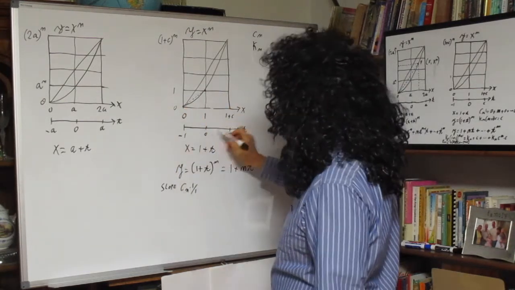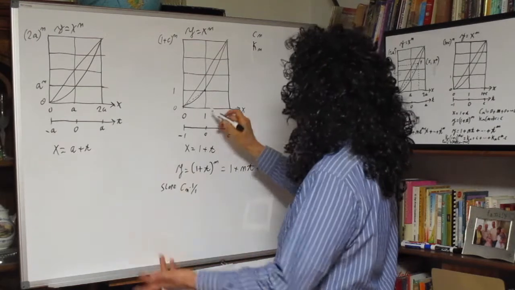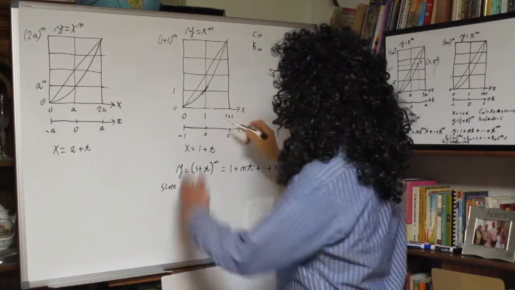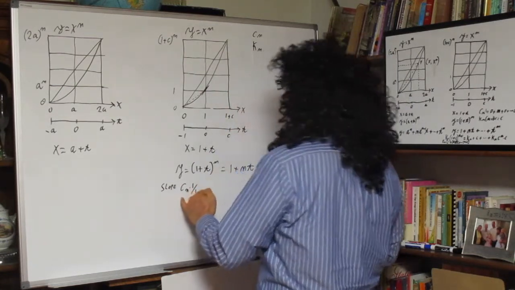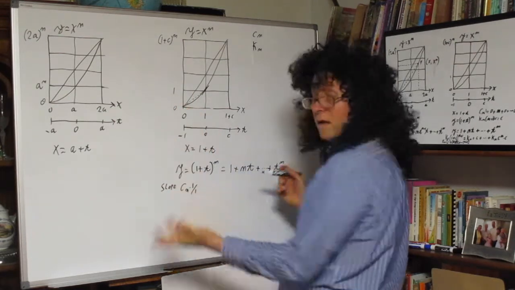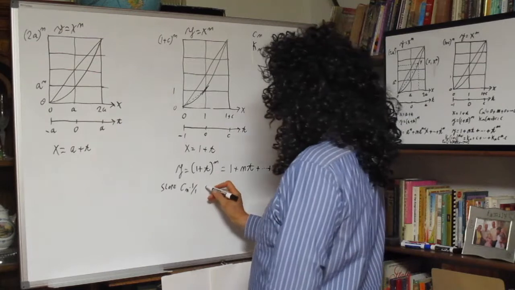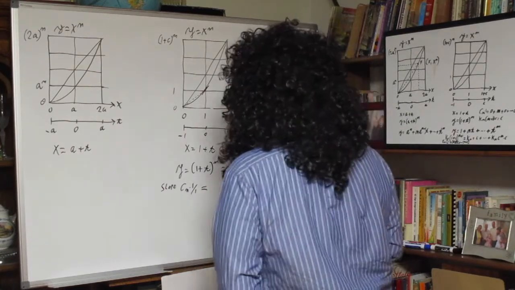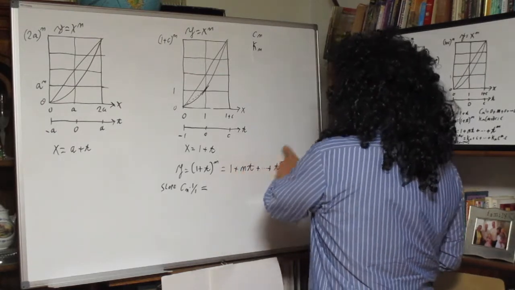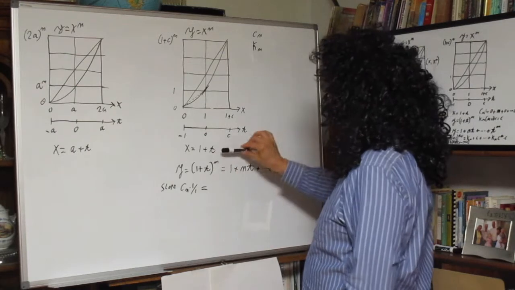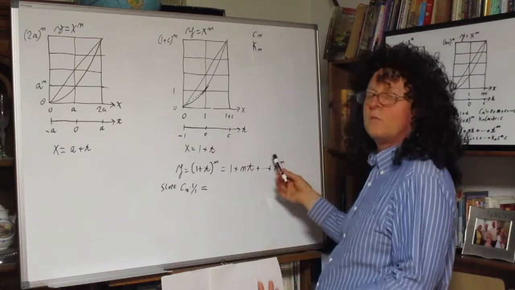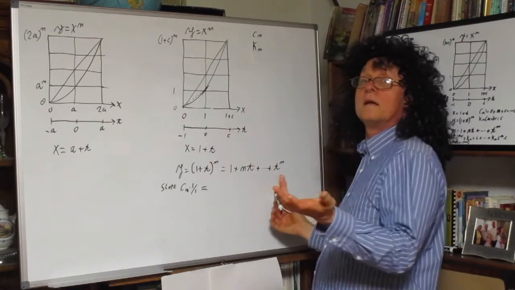At t equals 0, which is x equal 1. What is the slope of this thing here? Well, that's our c to the n times rise over run, 1. Okay, that equals, well, that's the slope of each of these functions. You're going to have a constant, a linear, a quadratic, a cubic, up to t to the n.